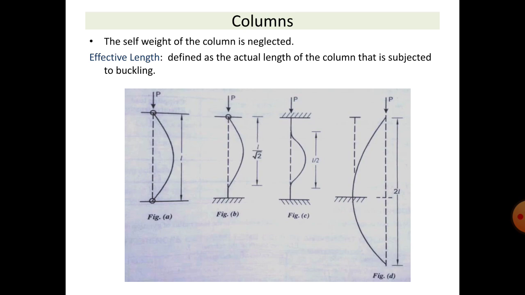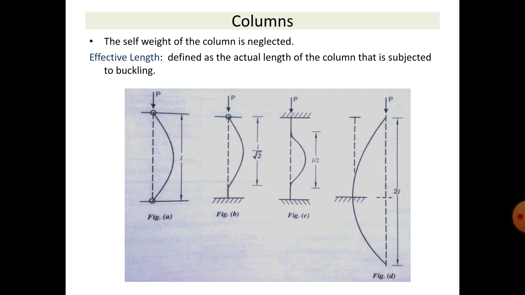You can say it is the length of the column between the junctions of the beam. If there is a column between two junctions, at the top and the bottom, the point where the column and beams are meeting, the distance between those two points is called the effective length. The length of the column that is subjected to buckling is called the effective length.